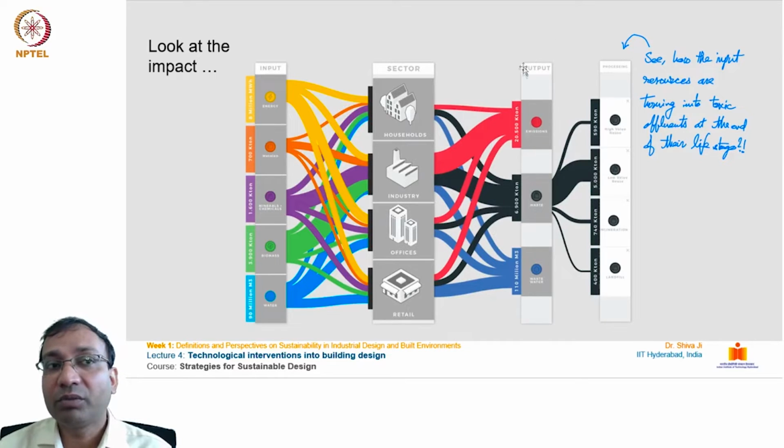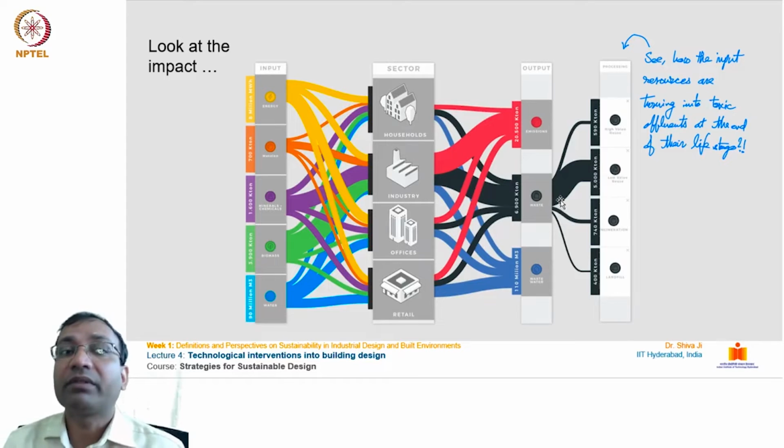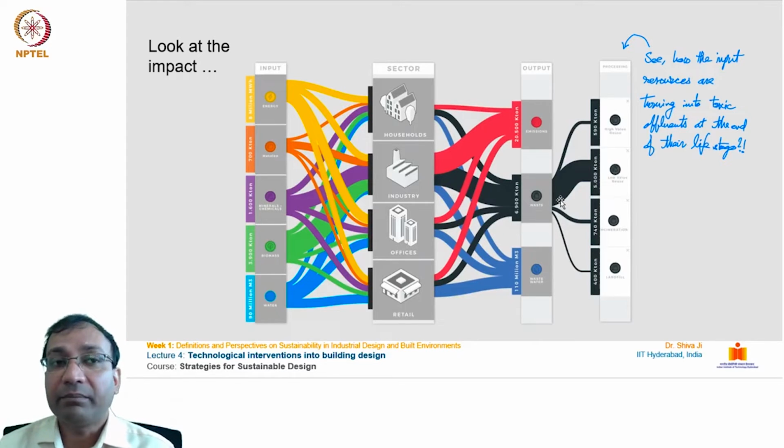And in terms of output, what do we get? The emissions, the waste, other natural materials such as polluted air, polluted water. So it takes a huge quantum of resources, and a bad impact.